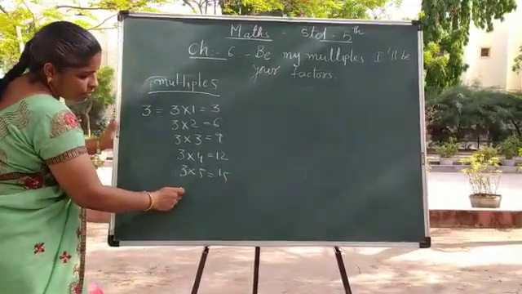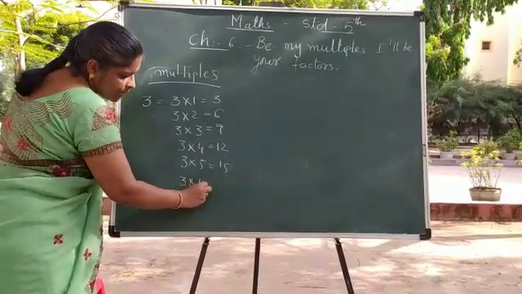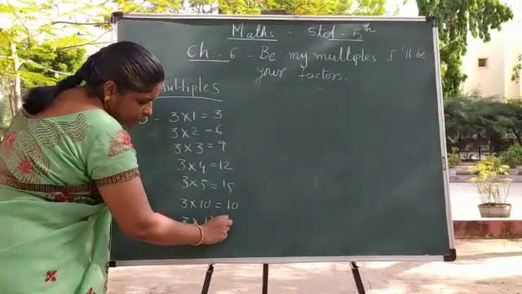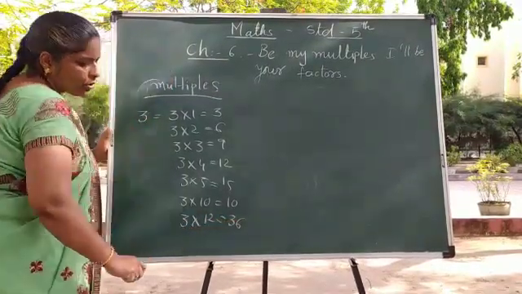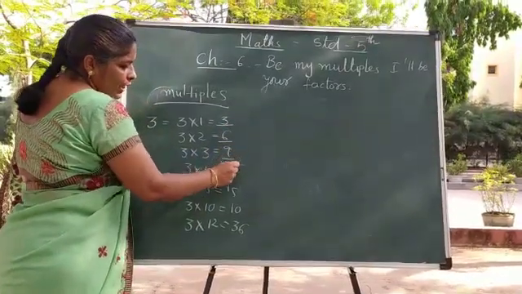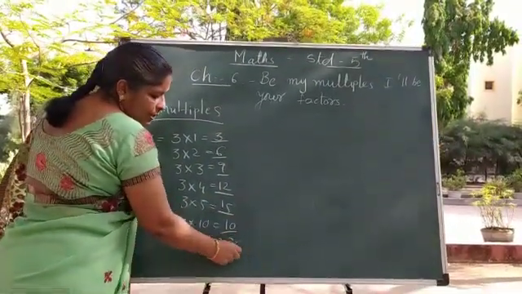It goes on up to 3 tens are 30, 3 twelves are 36, and so on. So the products of the number are the multiples of the number itself.